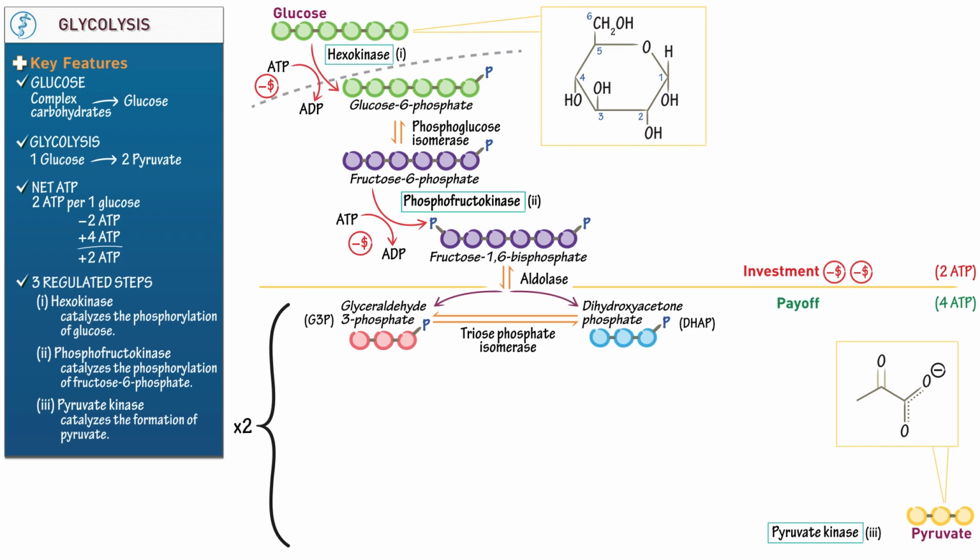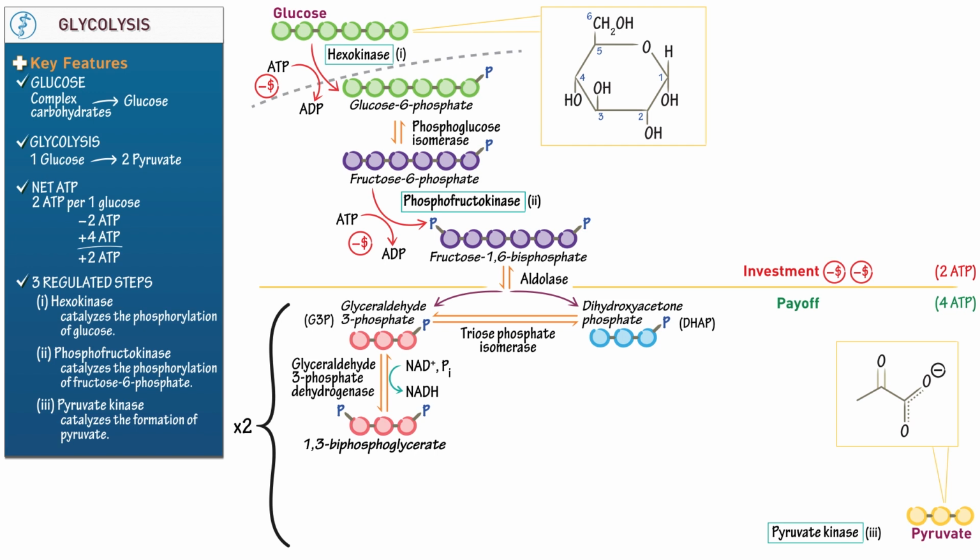Show that in the next step, G3P is phosphorylated to 1,3-bisphosphoglycerate in a reversible reaction catalyzed by glyceraldehyde 3-phosphate dehydrogenase. Use an arrow to show that NAD+ and inorganic phosphate are input and NADH is also formed.